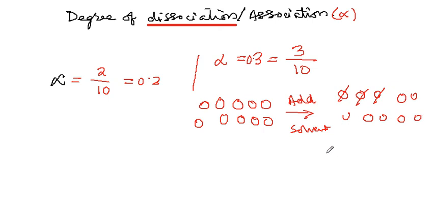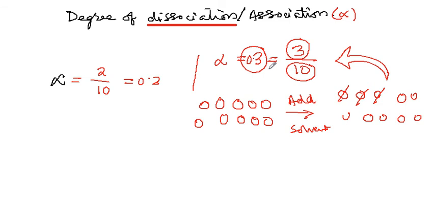So our alpha, that is the degree of dissociation, in that case would be: out of the 10 molecules only 3 have got broken. So our alpha value, that is the degree of dissociation, would be 0.3.